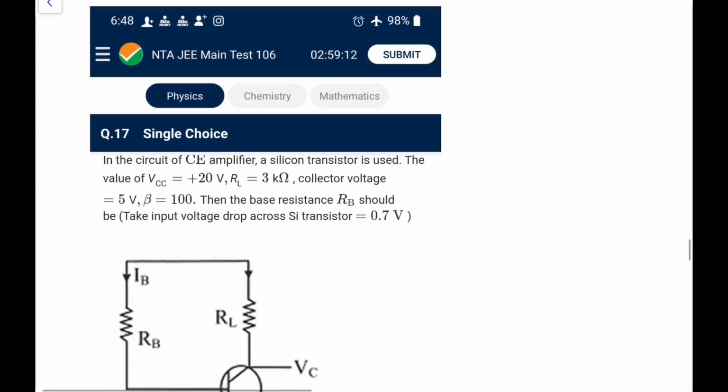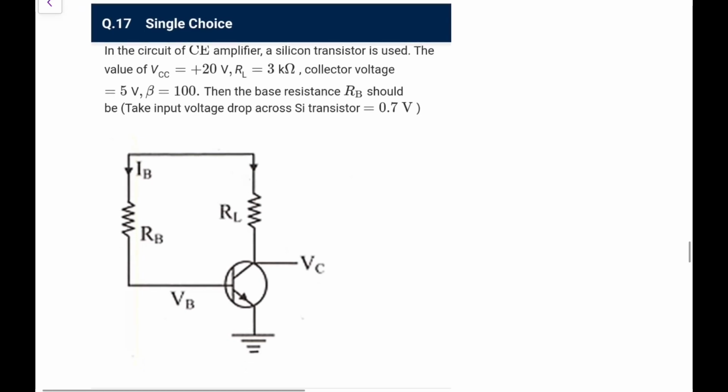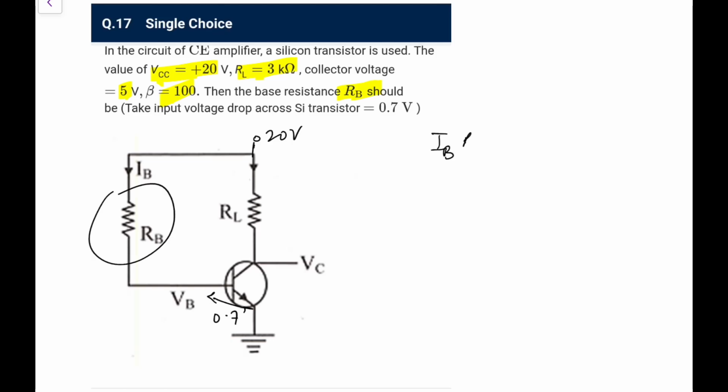Next, in a circuit of a CE amplifier, a silicon transistor is used. The value of VCC is plus 20, which would be at the top, I think. RL is 3 kilo ohms, collector voltage is 5 volt, and beta is 100. Then the base resistance RB should be found, taking the input voltage drop across the resistor to be 0.7. So this drop is 0.7, and the supply was given as 20. So the drop across RB, that is IB into RB, is directly 19.3.